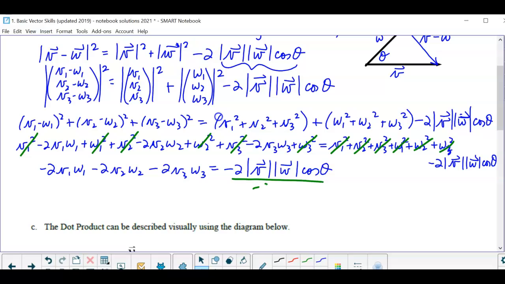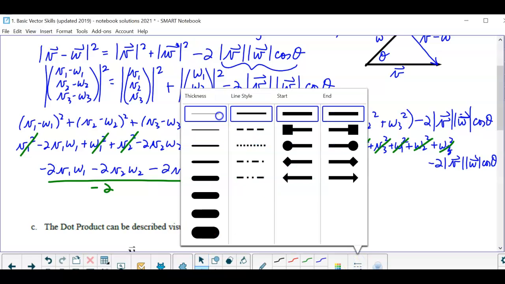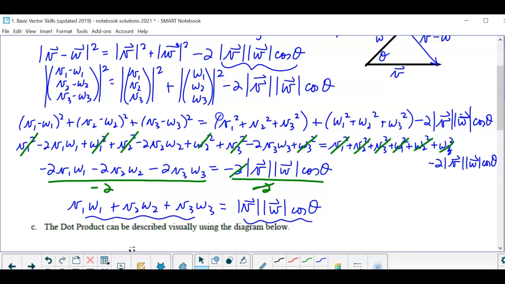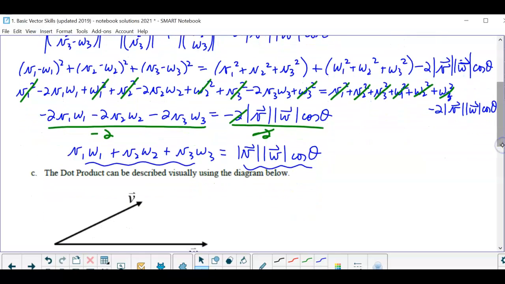Divide by negative 2, and we get what we're looking for: v1 w1 plus v2 w2 plus v3 w3 is the magnitude of each times cosine theta. Okay, so this is the geometric form, this is the component form. And we can use that to find things like angles between lines.